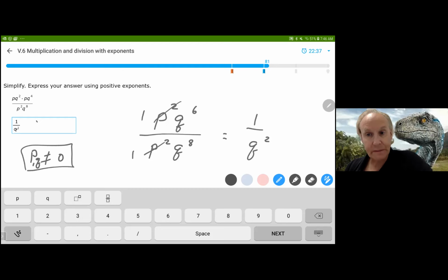We've simplified them out, and there would be no way for anyone to know that the p was ever there at some point in the programming or in the problem. So it's important that you put that disclaimer in there. It's called a restriction, sometimes called a domain restriction for x. Anyway, something you have to keep in mind when you do upper level math.